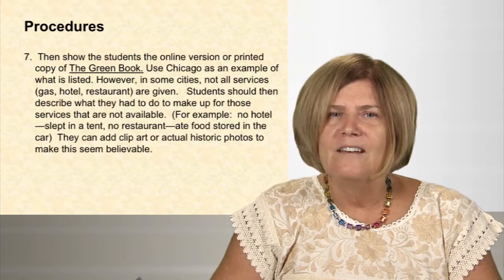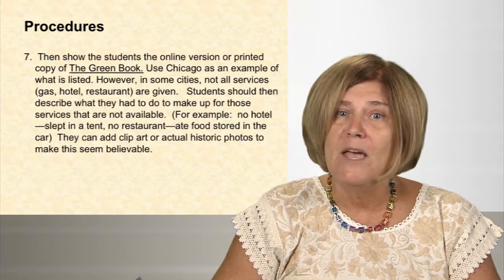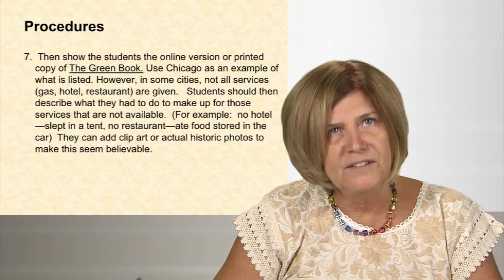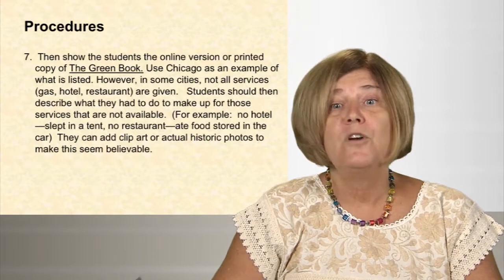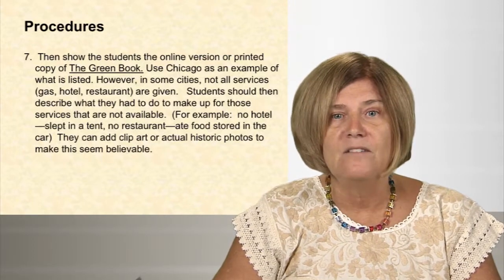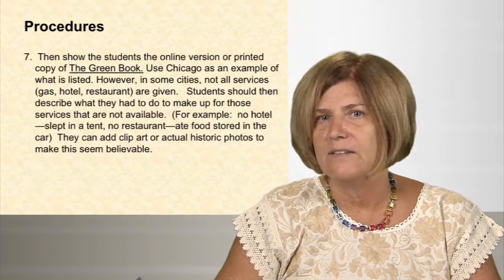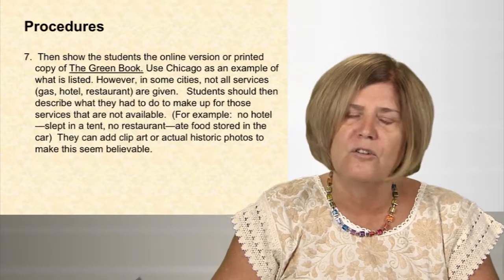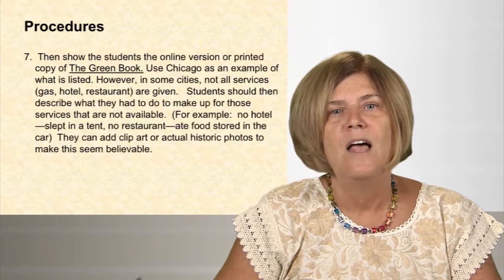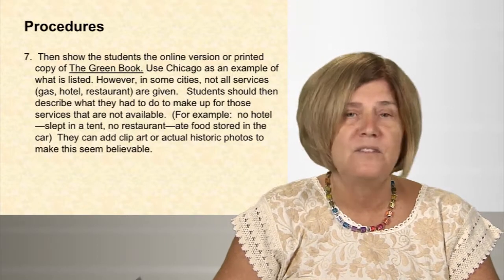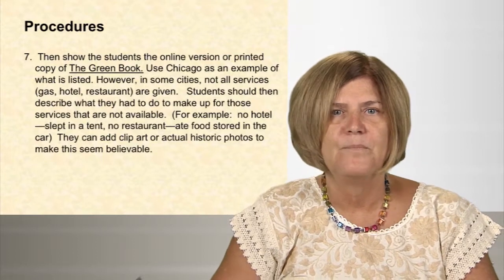Students should then describe what they had to do to make up for those services that are not available. For example, they could say there were no hotels available for Black travelers, so they had to sleep in a tent. There's no restaurant. Well, we had to stop at a food store and get things and then store additional food in the car to have for later. They can add clip art or actual historical photos to make this seem believable.